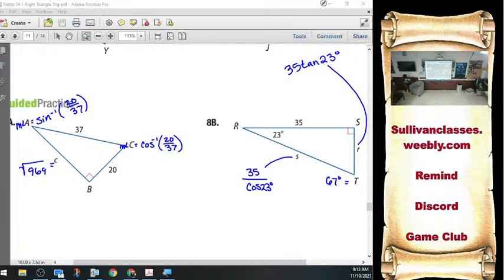37 squared minus 20 squared. Hypotenuse minus leg. On the second one? Using 23 and 35. 23, 35, and R. Opposite over adjacent, tangent. Tangent of 23 is R over 35.